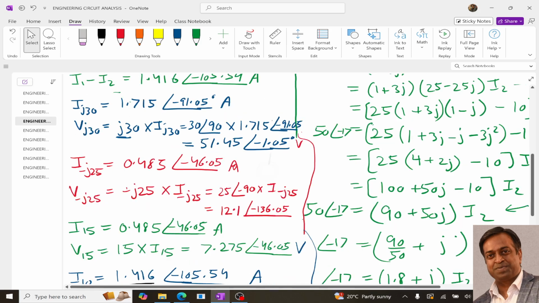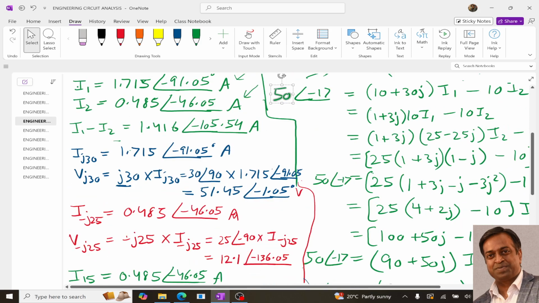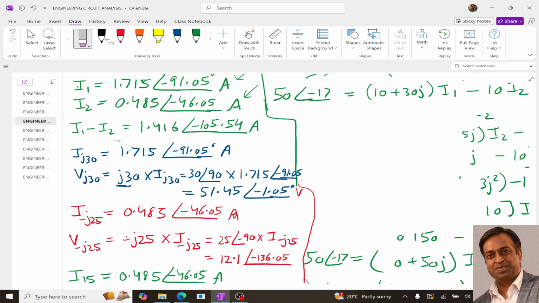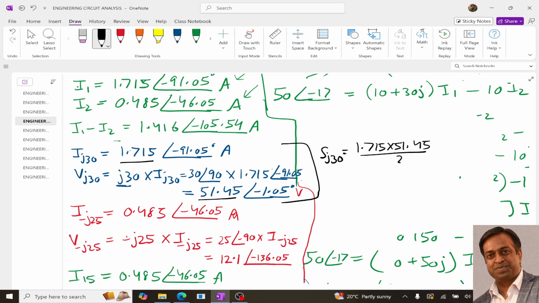Now writing the complex power, let me erase this and write it over here. For j30, it will be Sj30, and this is my Im, this is my Vm. So 1.715 into 51.45 upon 2.